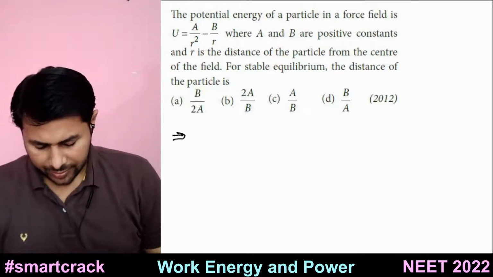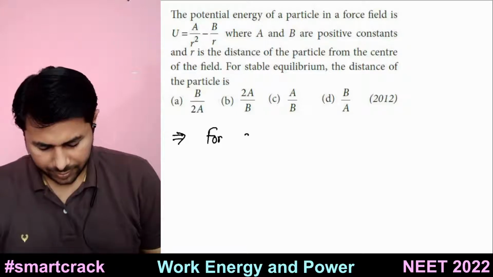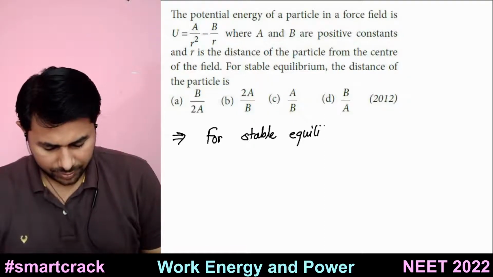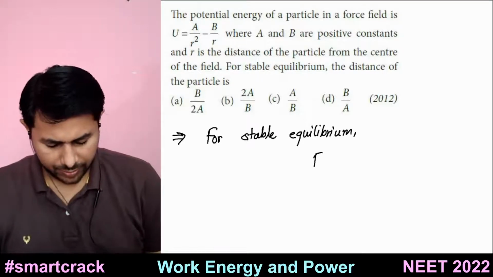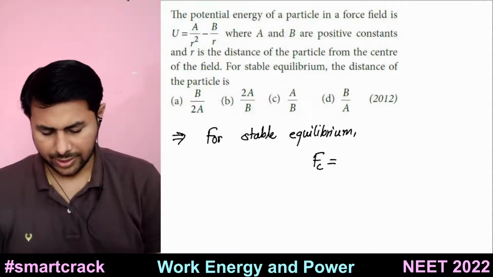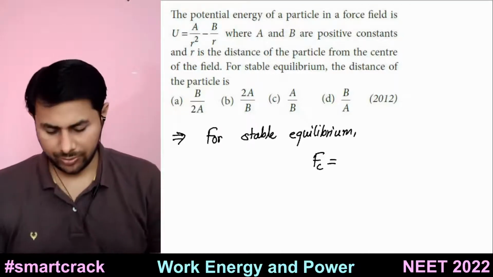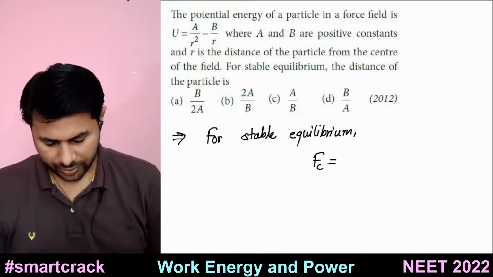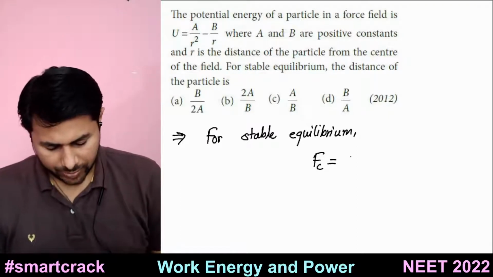So we can write, for equilibrium, the force should be equal to 0. This particle is under the action of a conservative force for which the potential energy is given by this formula, so this should be equal to 0.